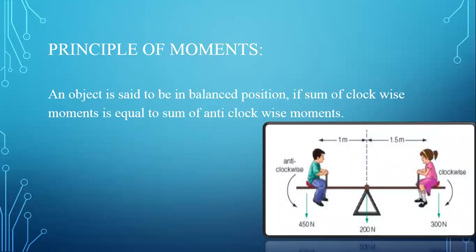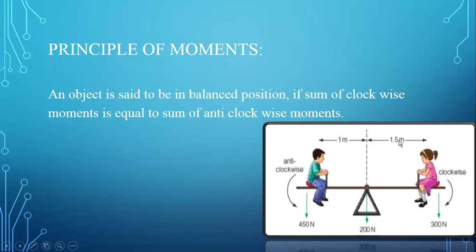Again, considering the same example where two forces are present, 300 Newton and 450 Newton, and they are producing opposite moments of force. 300 Newton is producing a clockwise moment and 450 Newton is producing an anti-clockwise moment. The position of both the girl and the boy from the axis of rotation is also given.